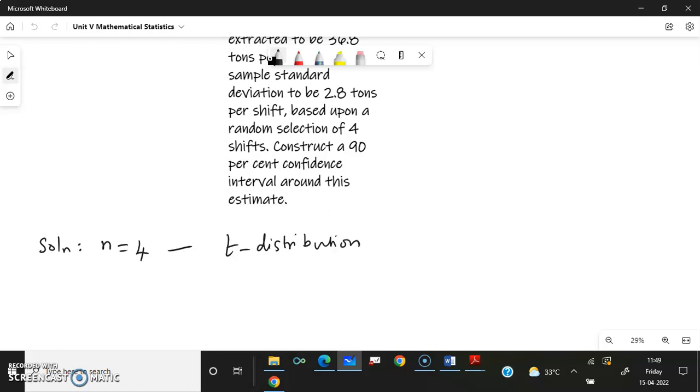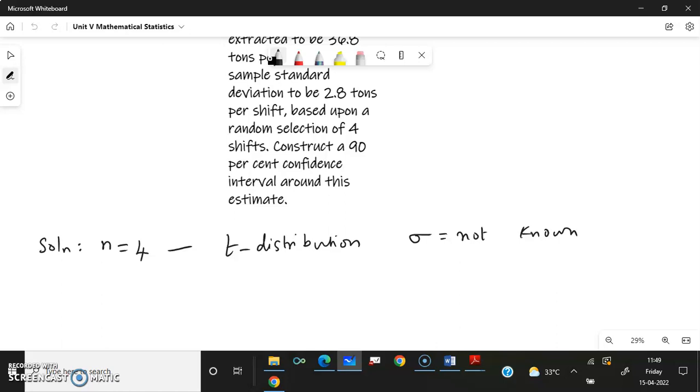As the standard deviation of the population, sigma, is not known and the size of the sample is small, we use the t distribution. The required confidence interval is about the population mean.